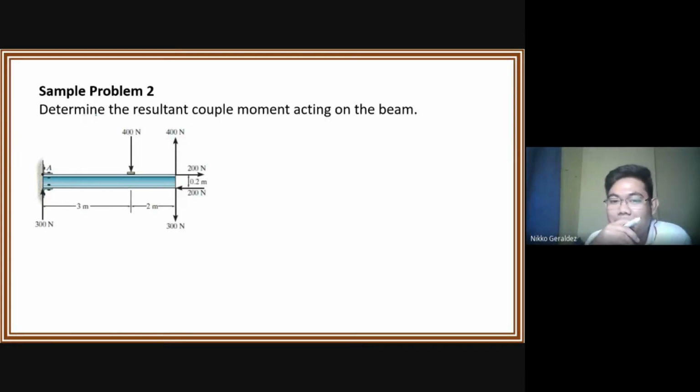Number 2. Pakisagutan. Determine the resultant couple moment acting on the beam. Okay. So meron tayong 400, 200, and 300 Newtons. Resultant couple moment is equal to summation of moment, clockwise positive.